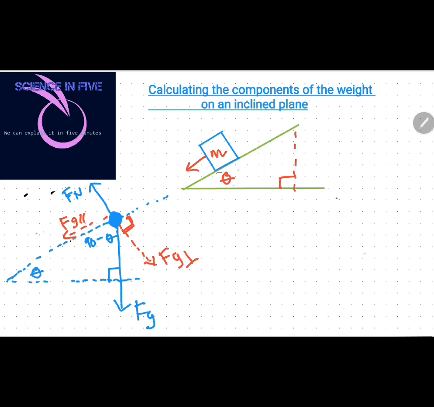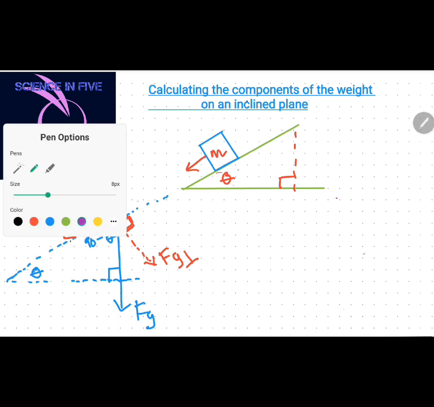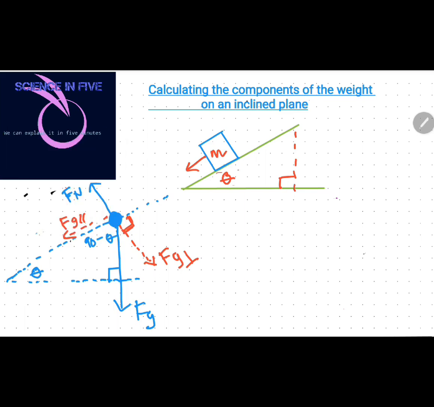These components of the weight are perpendicular to each other, meaning I can construct a parallelogram out of this diagram by simply drawing another component that is parallel to Fg going this way, and then another component that is parallel to Fg parallel going that way. So I've completed a parallelogram.